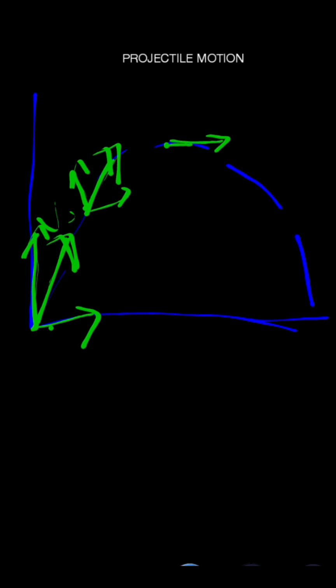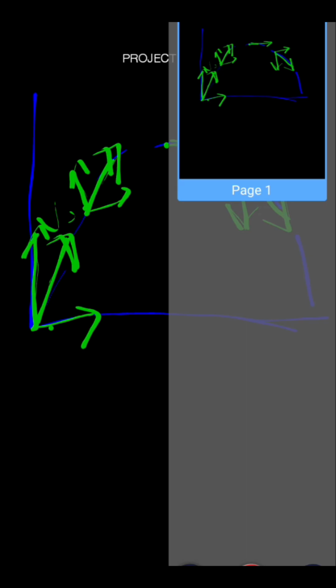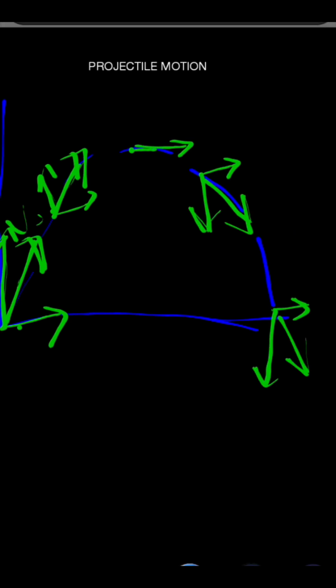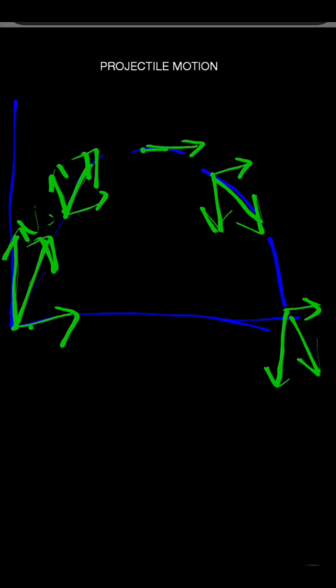The horizontal speed is constant, it doesn't change, while the vertical component increases downward. The key points you should know: gravity only affects vertical motion, horizontal motion stays constant, and the vertical and horizontal component motions are independent.